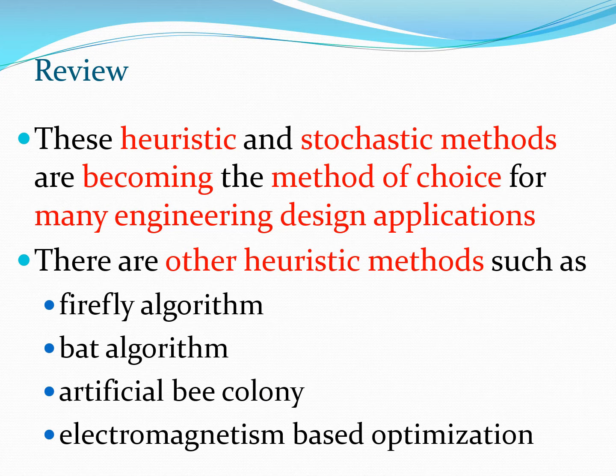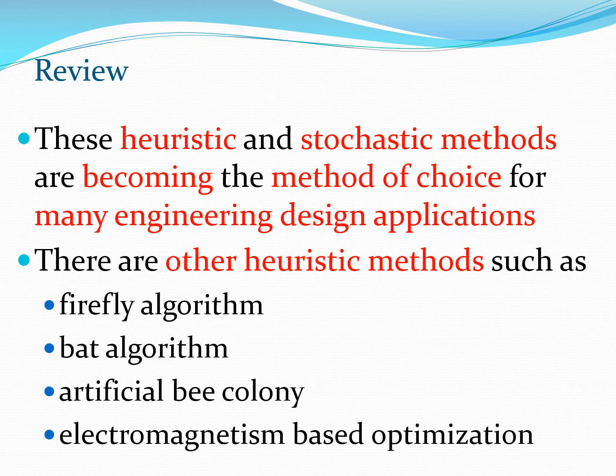Now we see that heuristic and stochastic methods are becoming the method of choice for many engineering design problems. Now, besides the ones we have covered in this chapter, which include the genetic algorithm, particle swarm, SA, and finally ant colony optimization, there are a plethora of other heuristic methods which have come up.